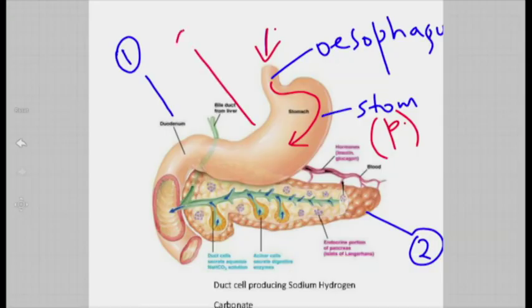In the stomach, there are juices along the inner linings of the stomach. Gastric juice. So gastric juice is found here in the stomach.